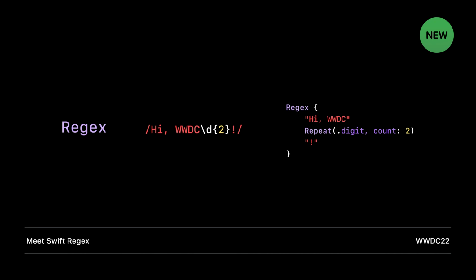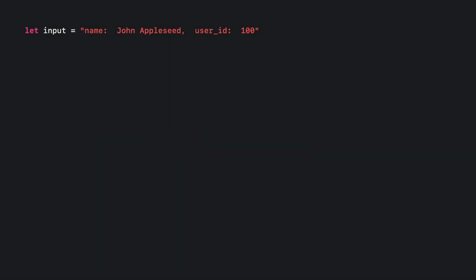For background as to why Swift Regex makes it easier to process strings, check out the Meet Swift Regex session by my colleague Michael. Let's look at a very simple example of Swift Regex. Let's say I have a string of data and like to match and extract the user ID from the string. I can create a regular expression from text like I normally do with NSRegularExpression.